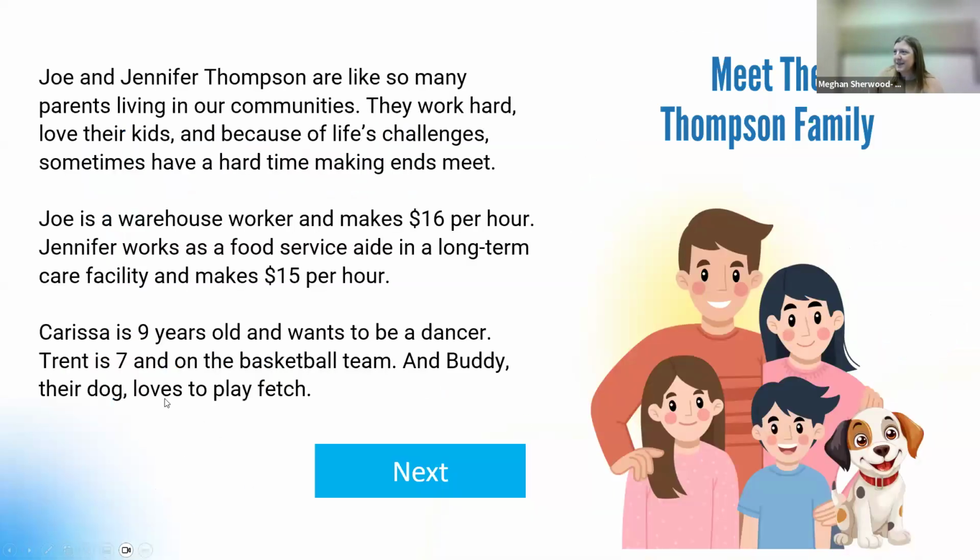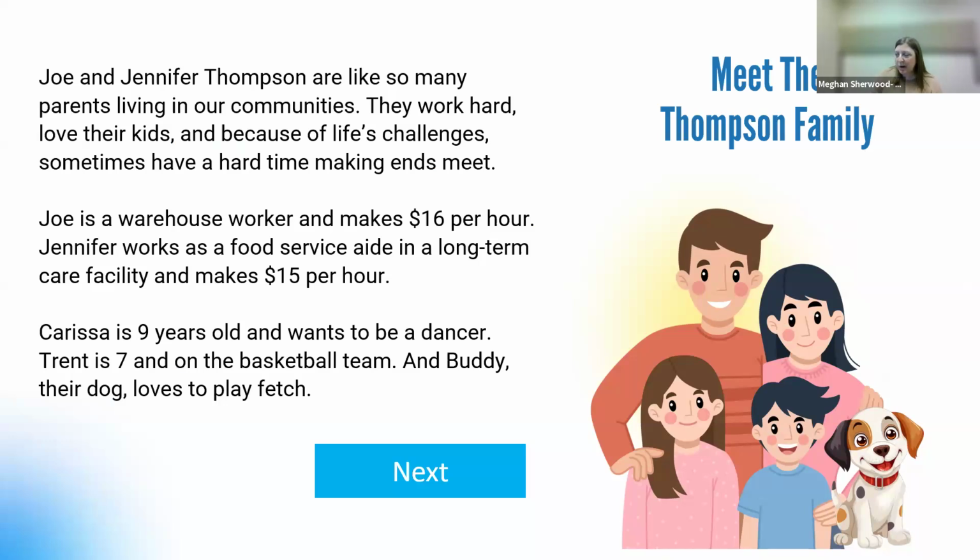Okay, so this is our family, the Thompson family. Joe and Jennifer Thompson are like so many parents living in our community. They work hard, they love their kids, and because of life's challenges, sometimes they have a hard time making ends meet.